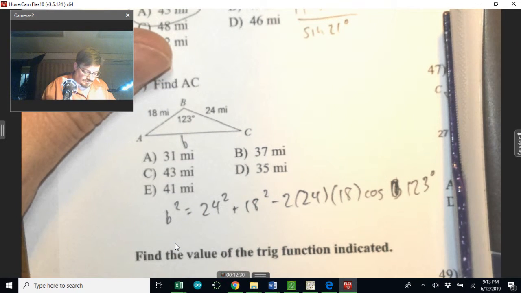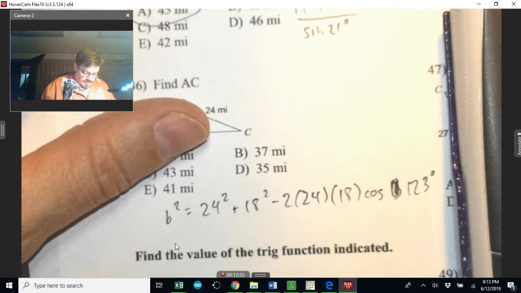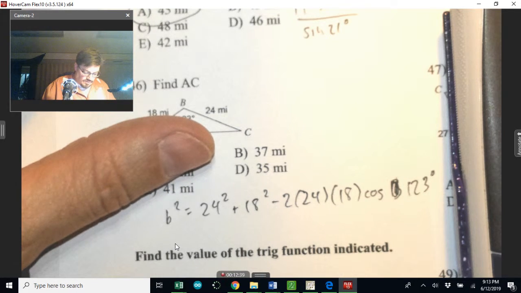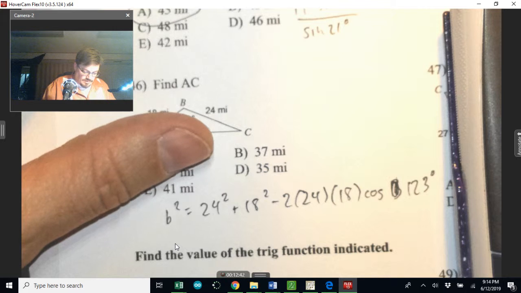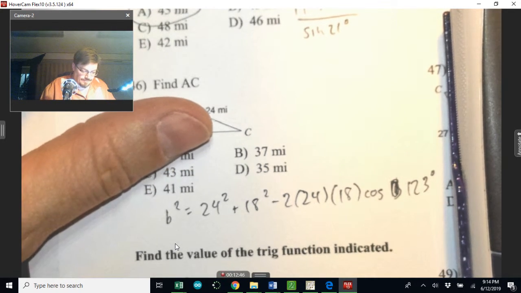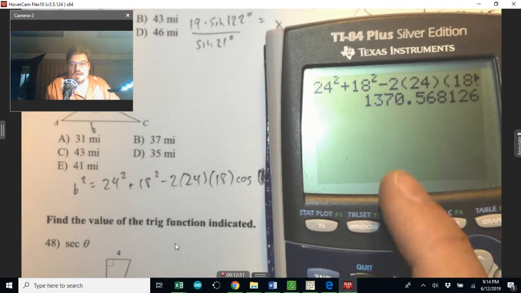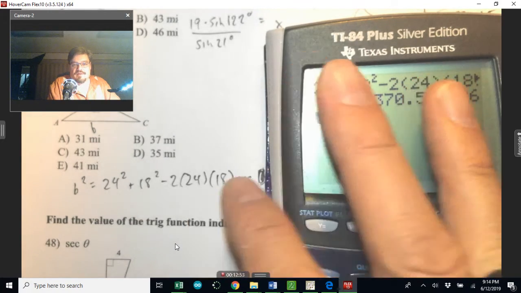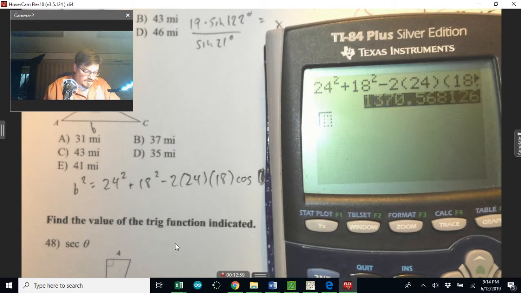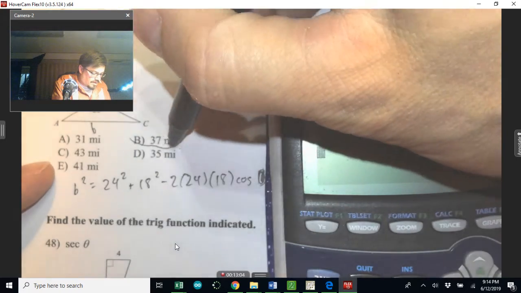So 24 squared plus 18 squared minus 2 times 24 times 18 times the cosine of 123. That's what I typed in exactly as I wrote it, and I need to take the square root of that, so I'll go second square root. 37 miles.